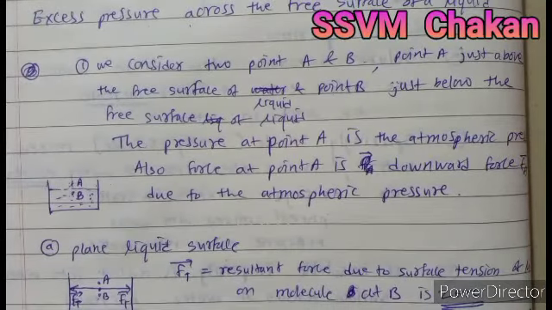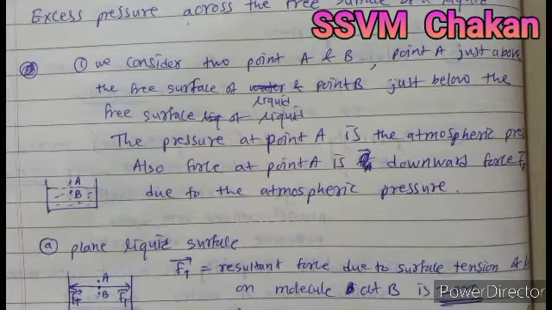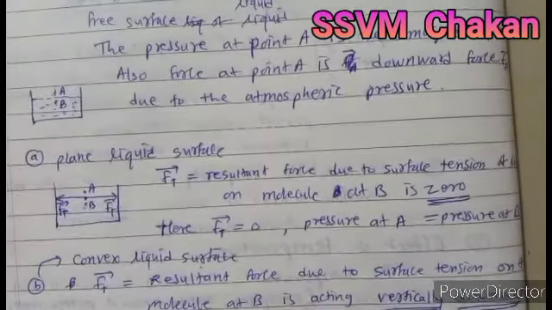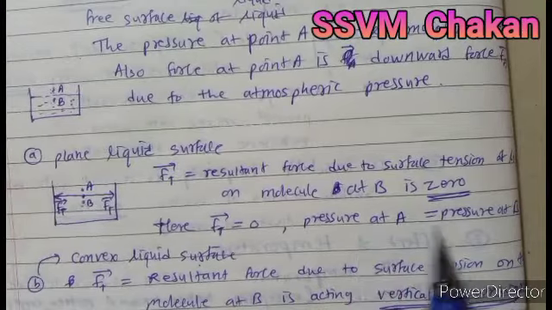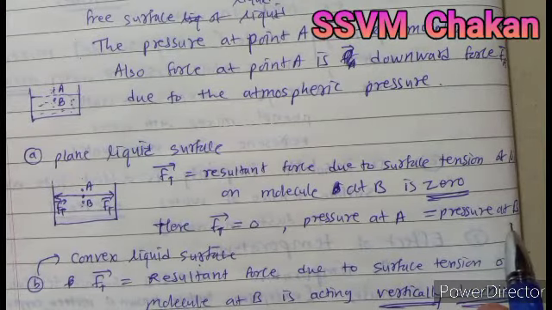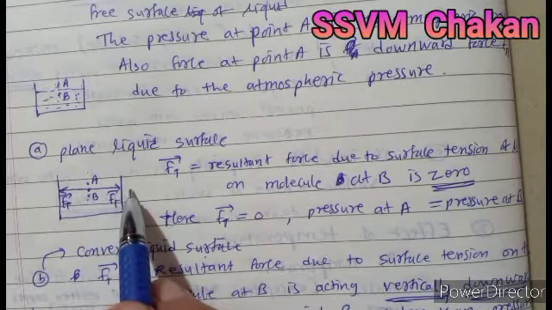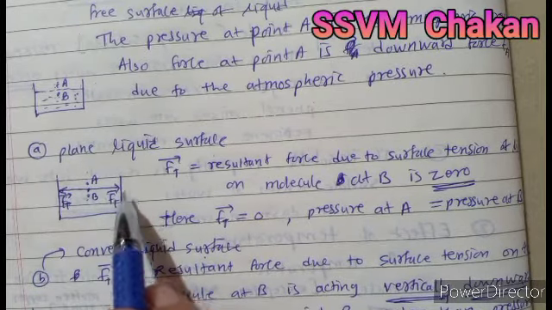That means here you consider the pressure at point A and pressure at point B. When the pressure at point A and pressure at point B are equal, then the liquid surface takes a plane shape.